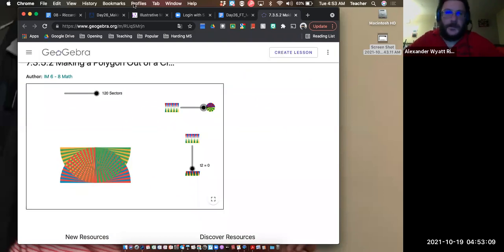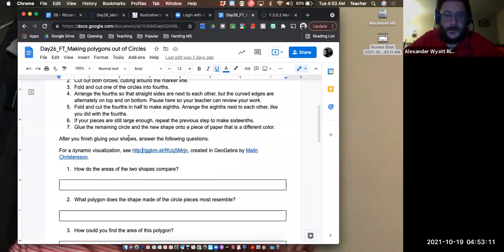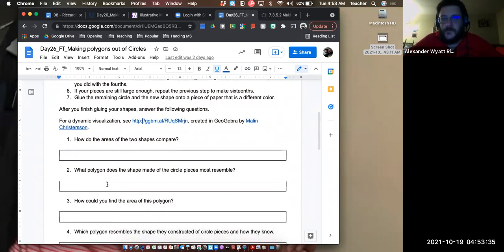Now, let's come back to our activity. How do the areas of the two shapes compare? Well, they're the same. The parallelogram and the circle have the same areas when you cut them out, but you can come up with different formulas. What polygon does the shape made of the circle pieces most resemble?